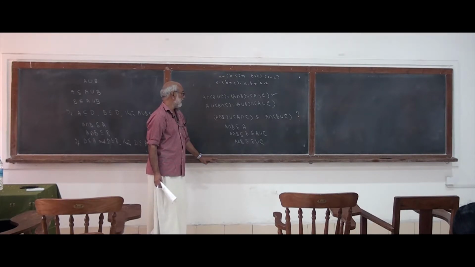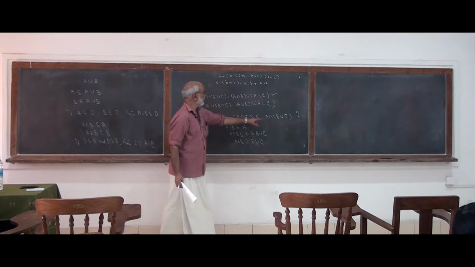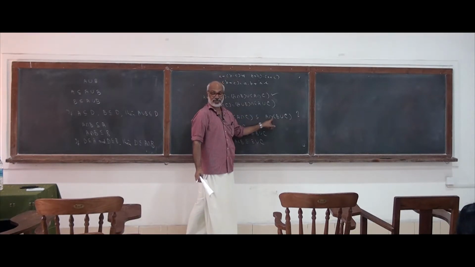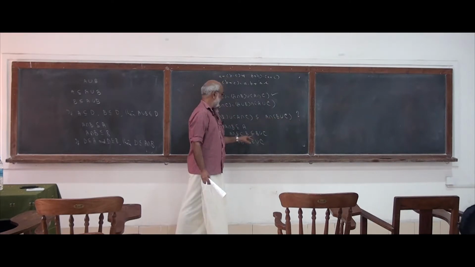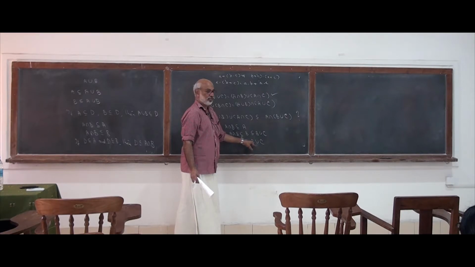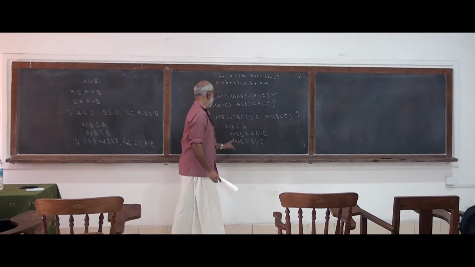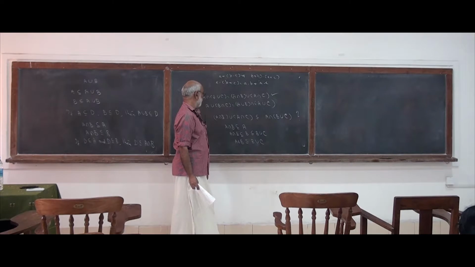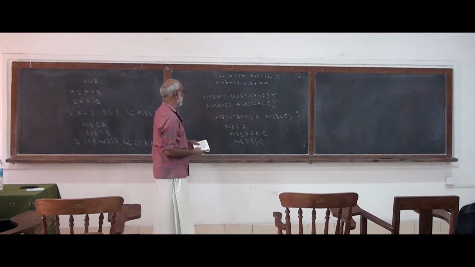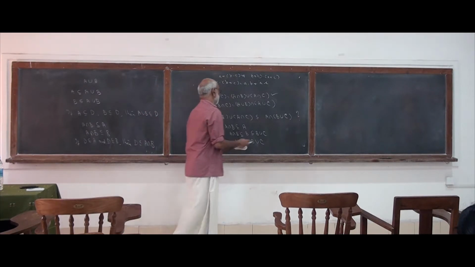And what is this set A intersection B union C? That is the largest set contained in both A and B union C. So, what is the relation between this and A intersection B?